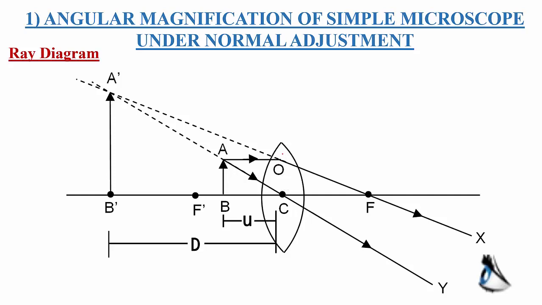Now, this simple microscope is based on the fact that when the object AB is kept between the optic center and the principal focus, then a magnified image is formed on the same side of the lens. This image is magnified, virtual and erect. Erect means it is in the same direction as the object.